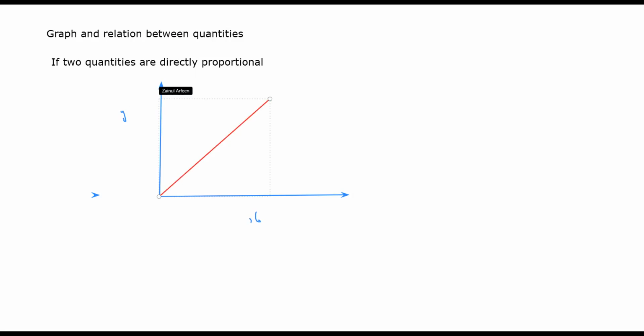It should be a straight line graph starting from the origin. The ratio at any point will be constant, with a constant slope because it's a straight line, and the ratio of the two quantities will be constant.